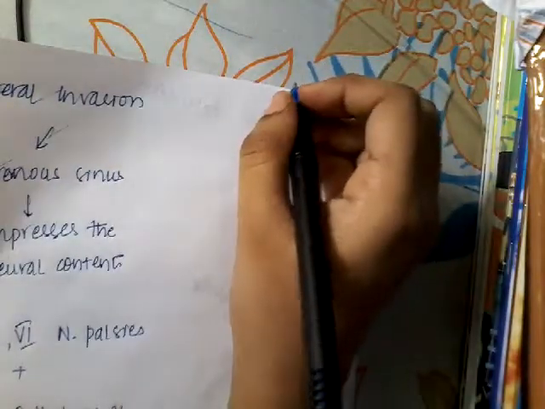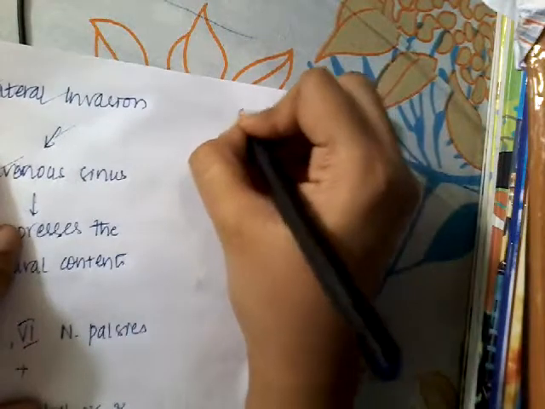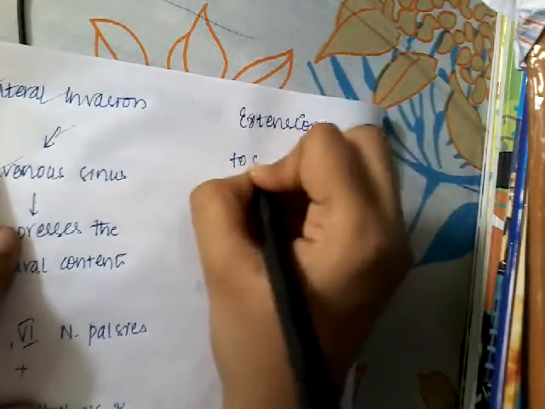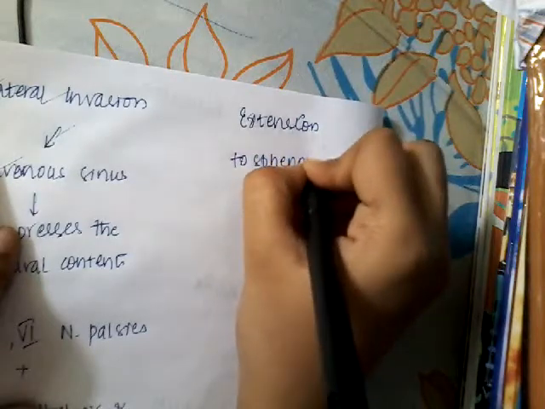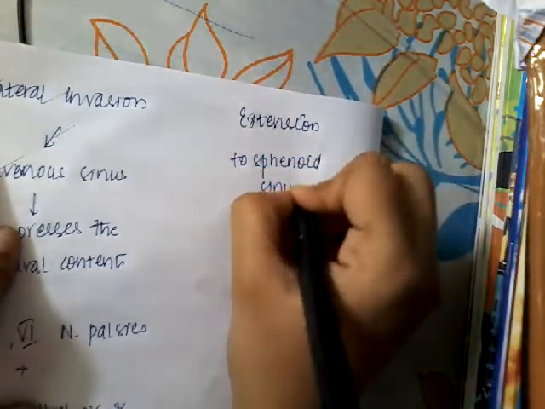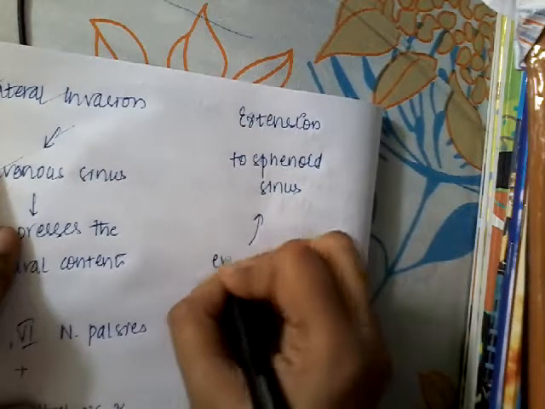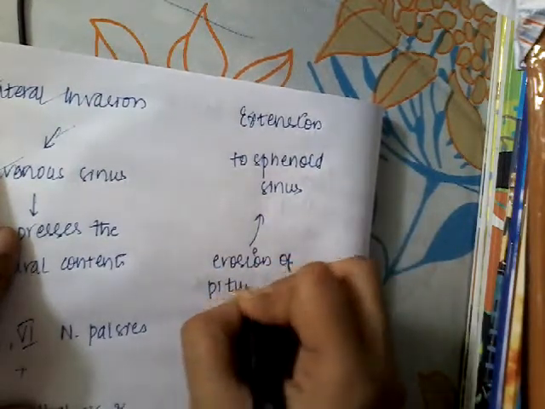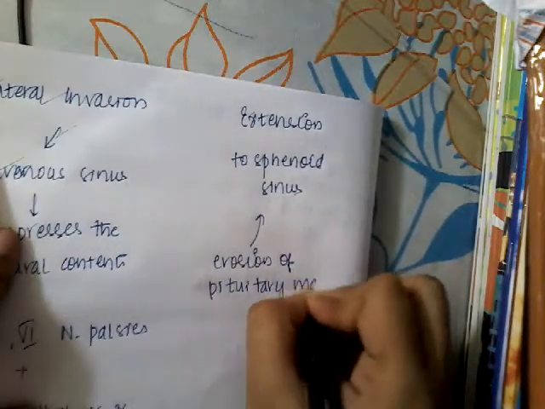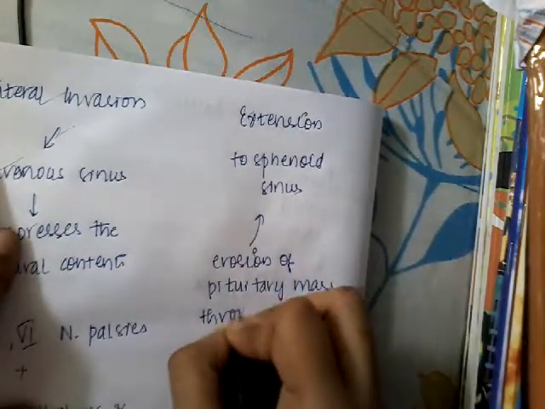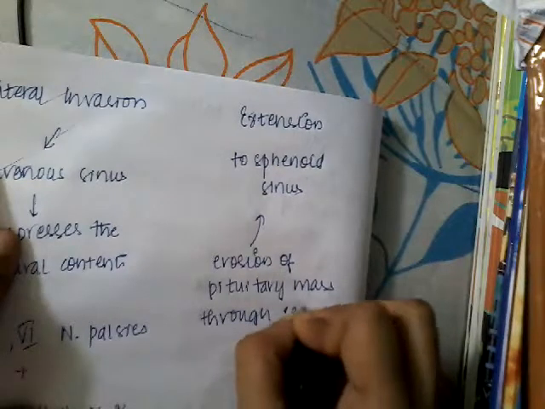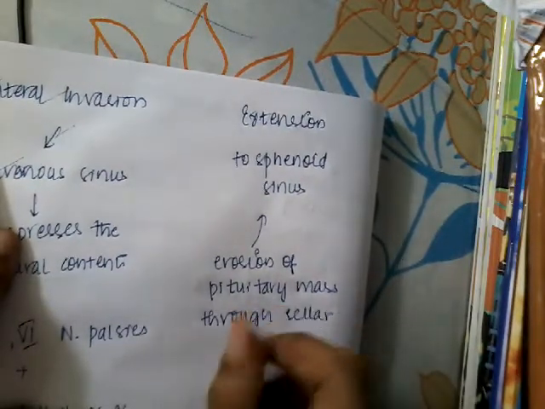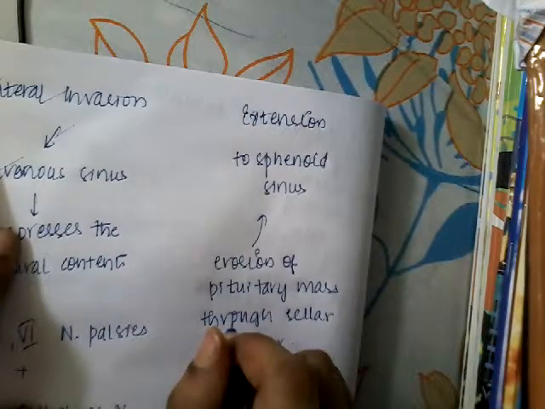Then whenever there is extension to the sphenoid sinus, this can be mainly due to erosion of the pituitary mass through the sellar floor. Whenever there is erosion of the pituitary mass through the sellar floor, that causes extension to the sphenoid sinus.